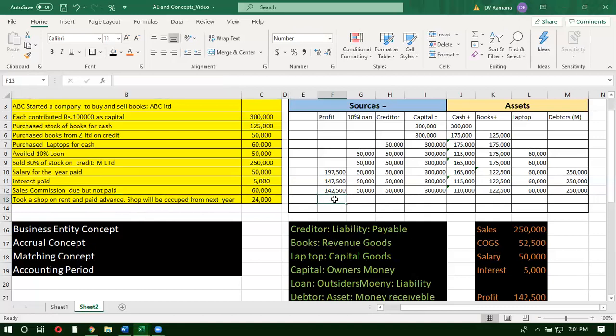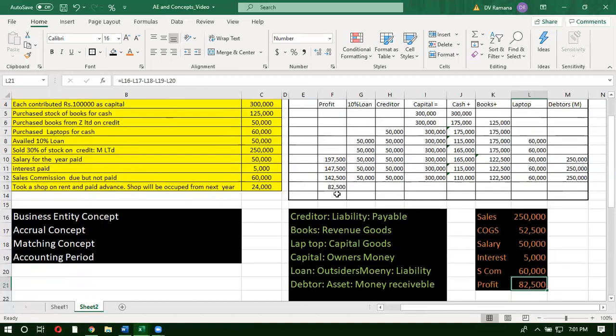Since this is an expense, the profit will reduce by 60,000. We'll write down sales commission, and profit will reduce by 60,000. You see that?